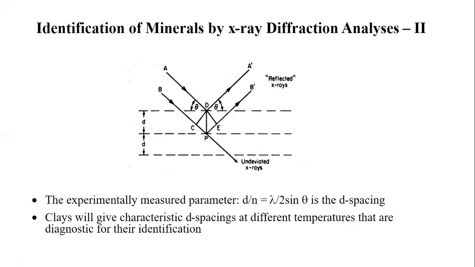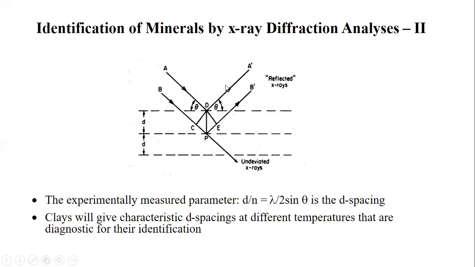That d will be variable and will change with the expansion of the clay, since it's included in that d. But if you have a non-expanding mineral, say the non-expanding 2-to-1 minerals, this d is basically fixed for that type of mineral. It doesn't change very much.